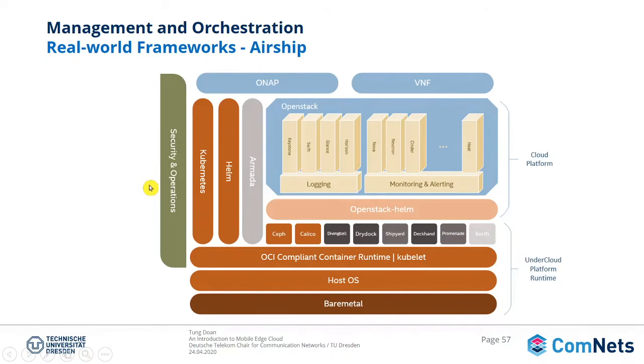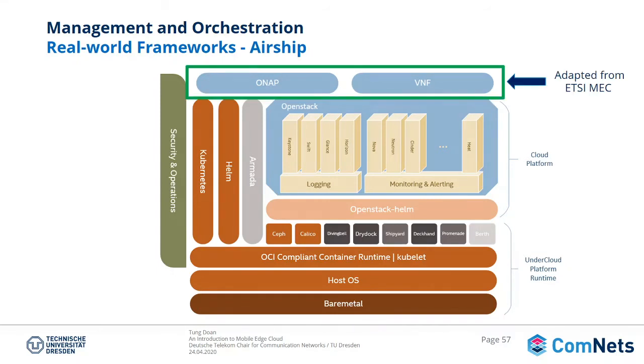The next framework I want to mention is Airship. Airship is also a product of the AT&T company. In Airship, I also want to emphasize that the orchestration and management is also adapted from the ETSI MEC framework, as you can see here.